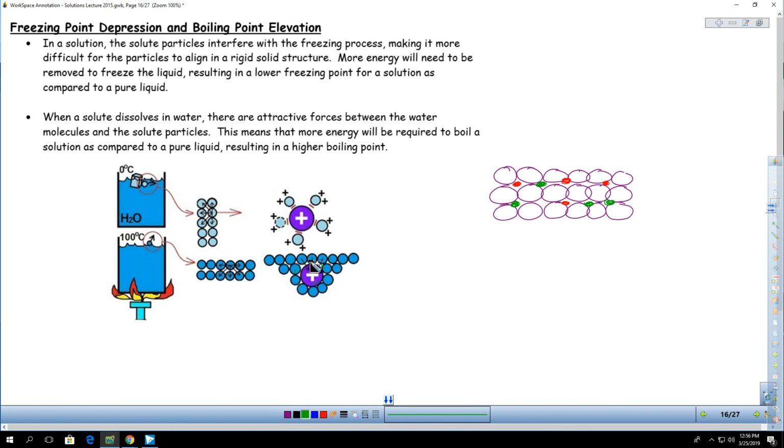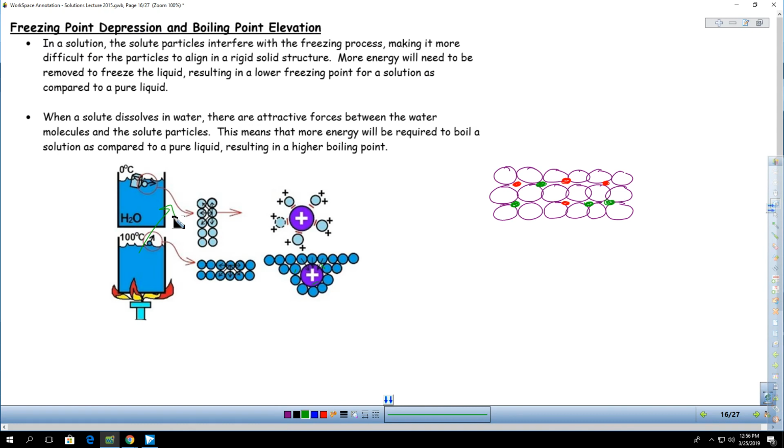Boiling is all about separating the water molecules from the liquid phase and creating this vapor, this gas phase. Well, if I've got all this extra attraction in the solution because of these oppositely charged ions that create attraction with the water molecules, now I'm going to need to increase the temperature even more to separate those water molecules from the solution and eventually get them up into the gas phase.